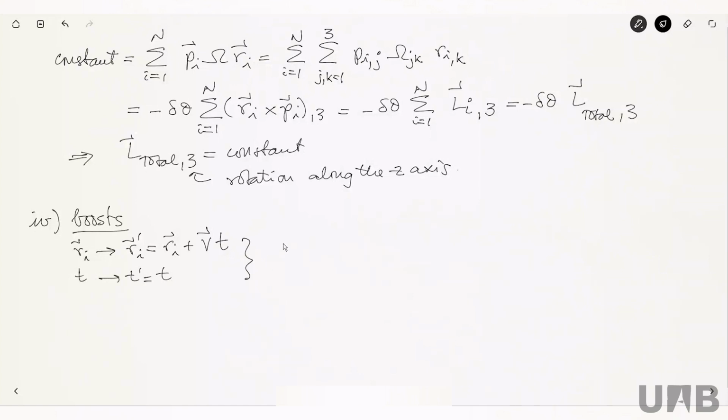So that means that the variation of each position vector is this constant velocity v times time. The variation of time is 0. And therefore, the variation of each velocity is what? What is the variation of the velocity of each particle?